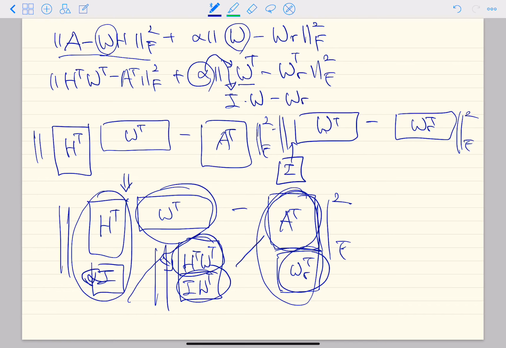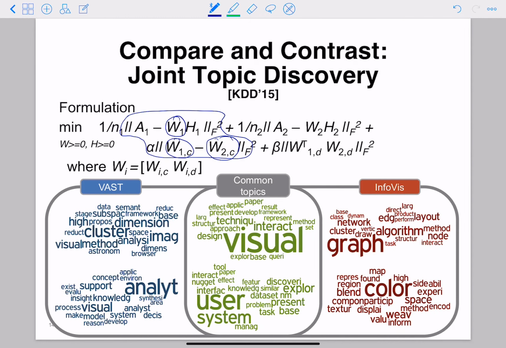So we can apply these regularization terms and then come up with a single unified formula. So likewise, this part is also manipulated in the exact same manner.